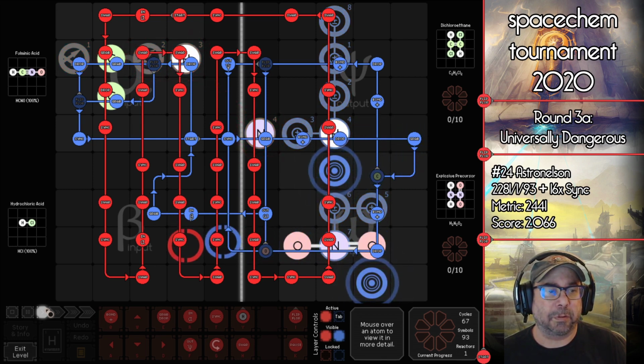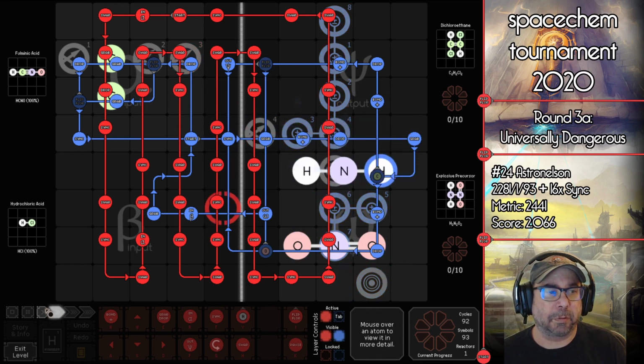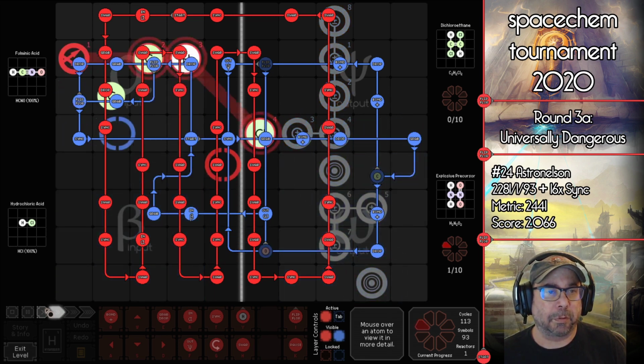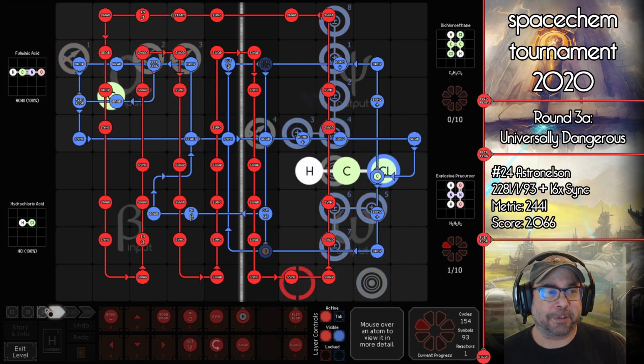Yeah, red is almost exclusively running a timing loop and has like one grab over the input zone to help, but apart from that is just making sure the swaps are exactly at the right times. Blue has a heck of a job here. Yeah, blue does all the assembly.